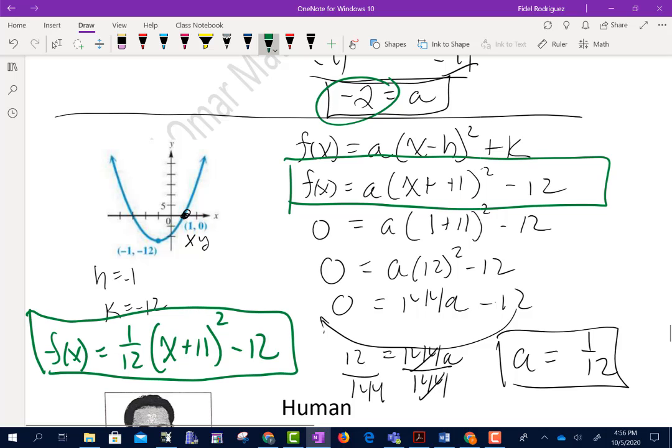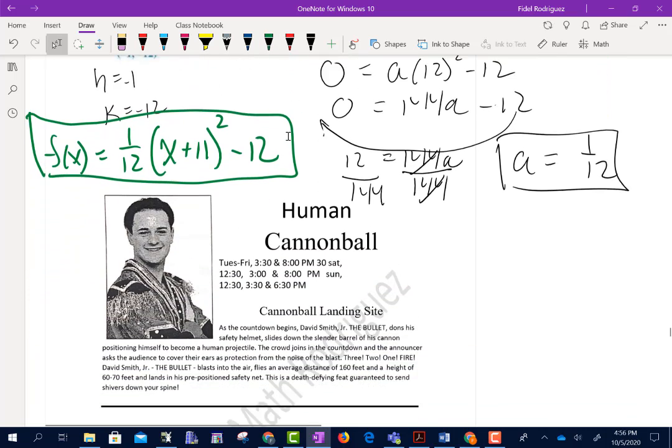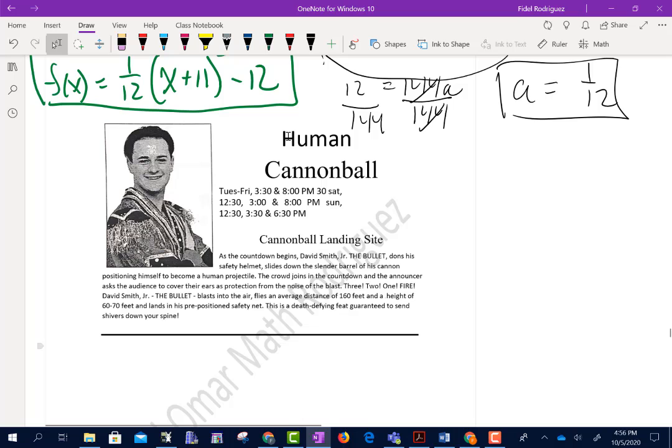Okay. And here is my equation. All right. So got another little part here, and it says human cannonball. These are the times and dates, but let's see if we can read this piece right here. It says, as the countdown begins, David Smith Jr., the bullet, dons his safety helmet, slides down the slender barrel of a cannon, positions himself to become a human projectile.